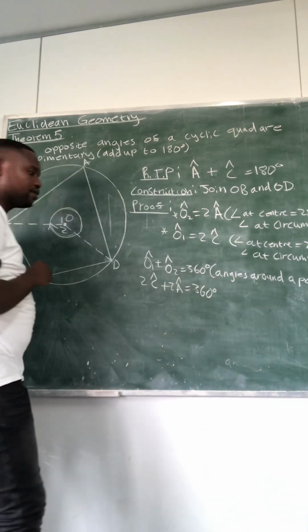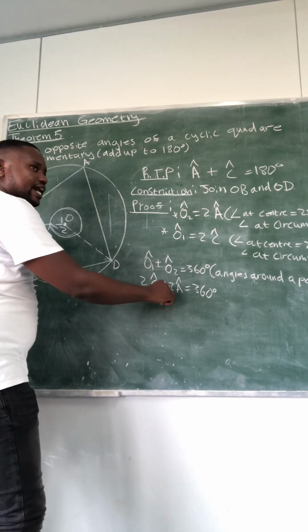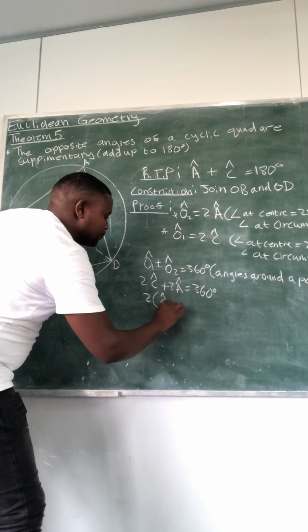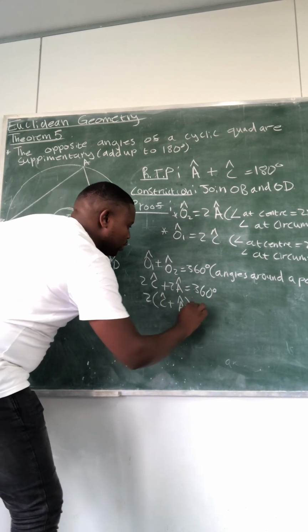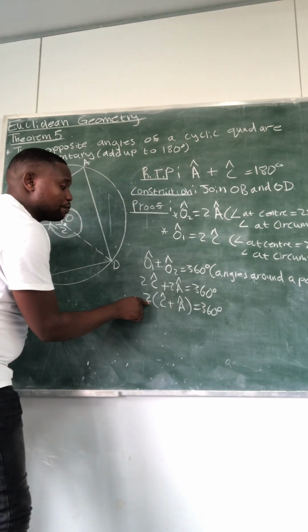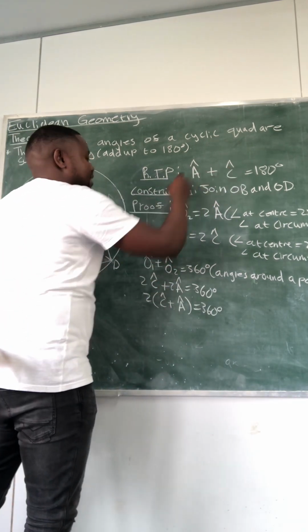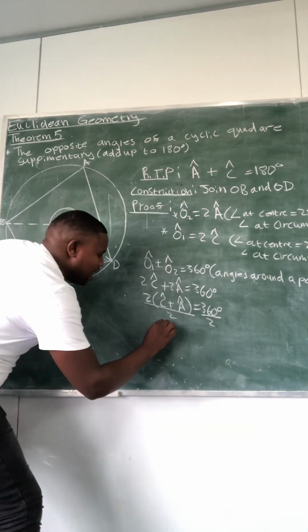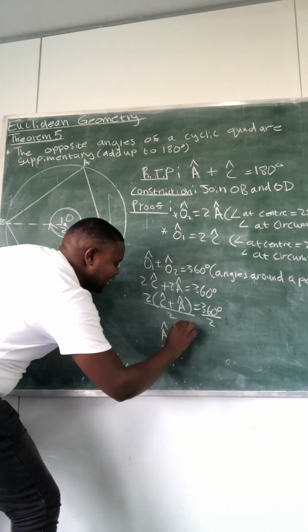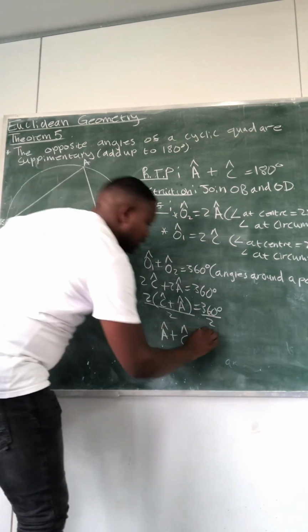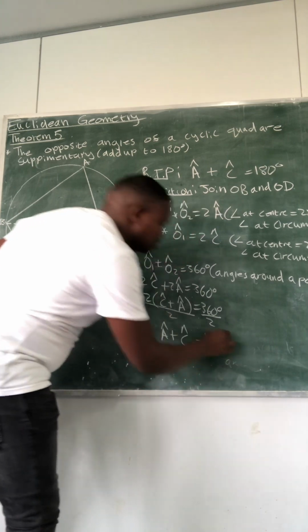We have a common factor of 2 here, right? So when taking out 2, we're left with 2 times (angle C plus angle A) equals 360 degrees. So upon dividing by 2 on both sides, angle A plus angle C equals what? What is 360 degrees divided by 2? 180. So now we've proven it.